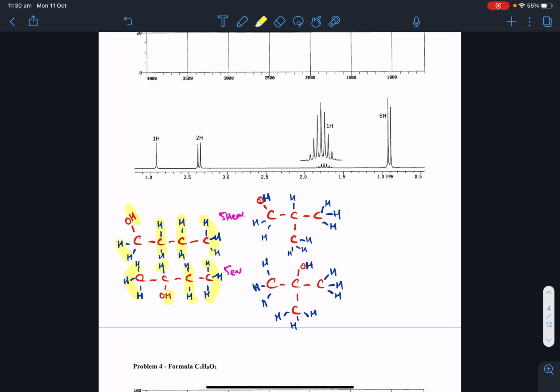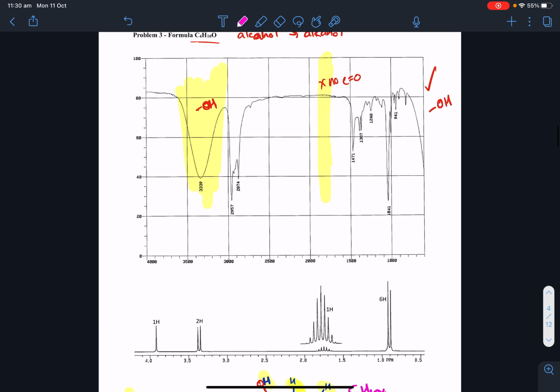Here we've got 1, 2, 3, 4, 5. And the last isomer we've got, 1, 2. Have I done that correctly? 2 hydrogen environments. Alright.